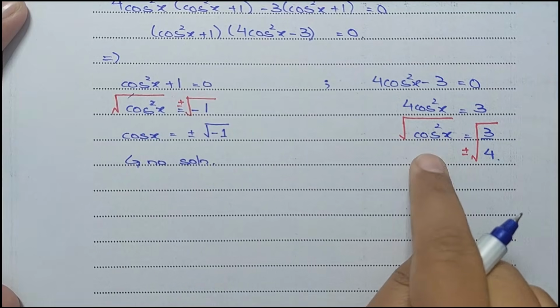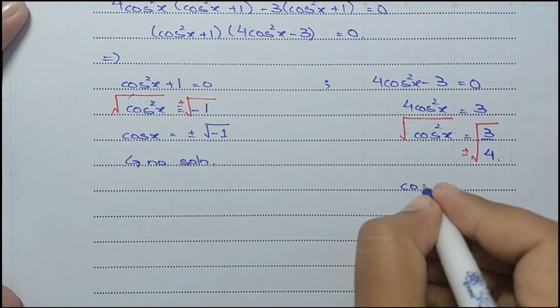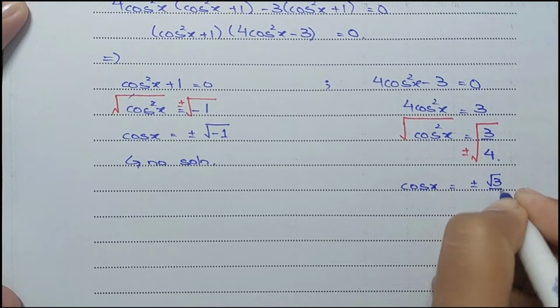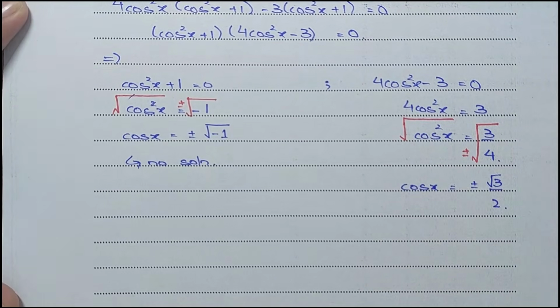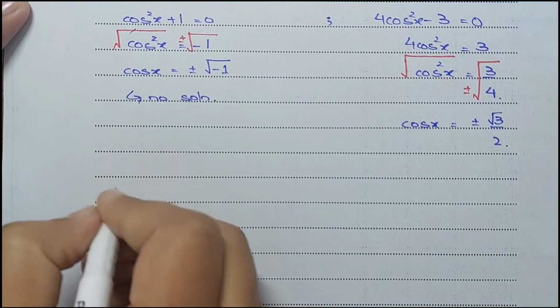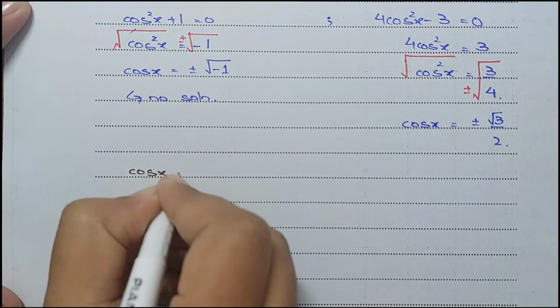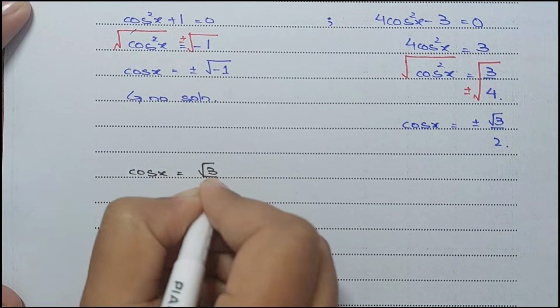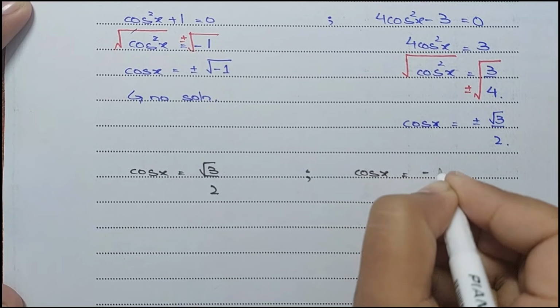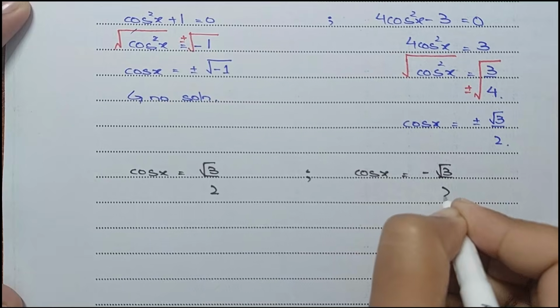So we have only solutions from here. So cos x from here is plus minus square root of 3 divided by 2, because root 4 is 2, right? Now let me take these two cases. Case 1 is cos x is root 3 by 2, and the other one is cos x is negative root 3 by 2.